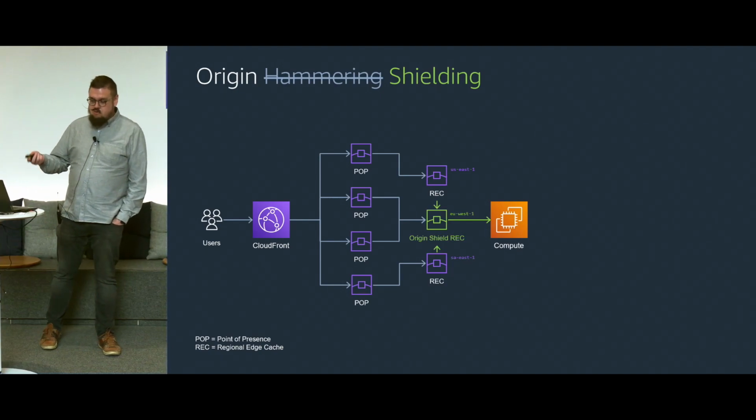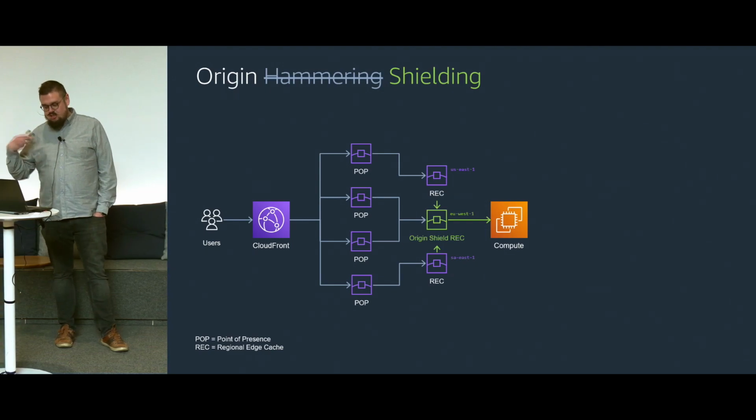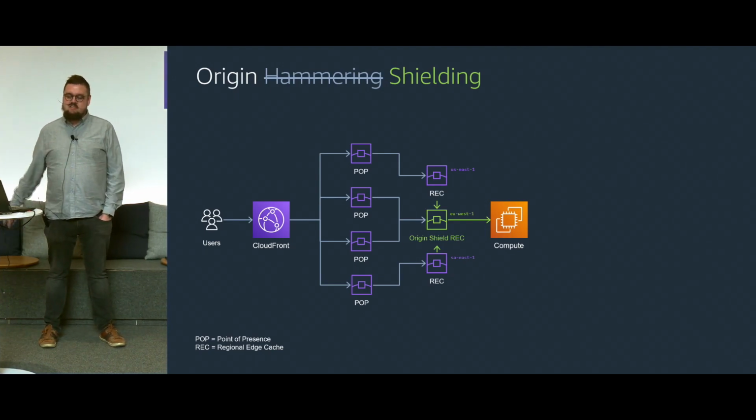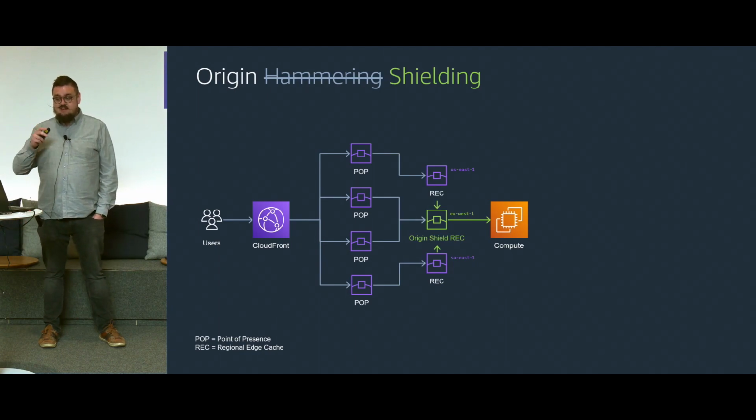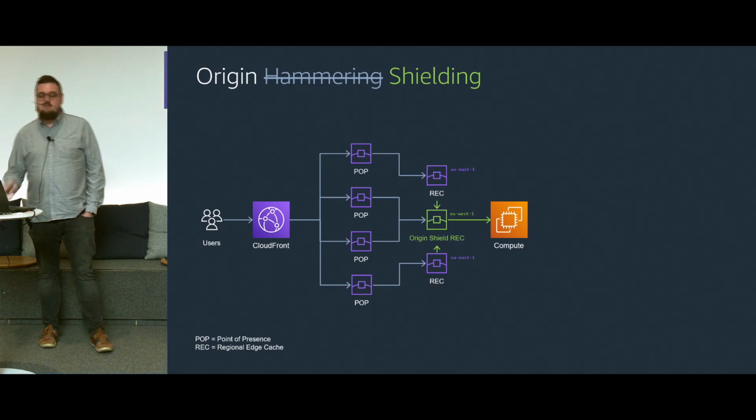And if EU West 1 has the response cached, which it most likely has, because every request is going through it, it will then return it from there. And if it doesn't, it goes to the origin through EU West 1, the origin shield.